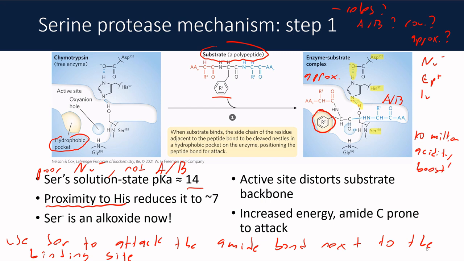That is what ultimately allows the histidine to deprotonate serine into Ser-, an alkoxide, which looks like that. Alkoxides are great nucleophiles.